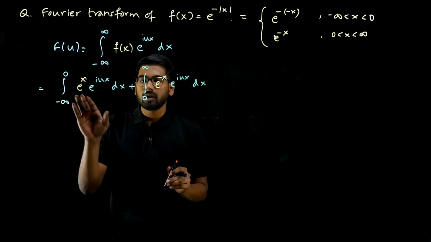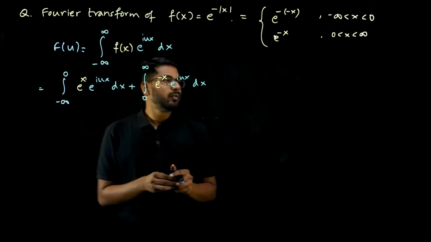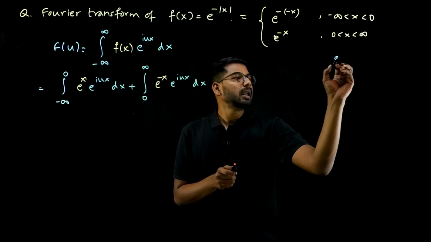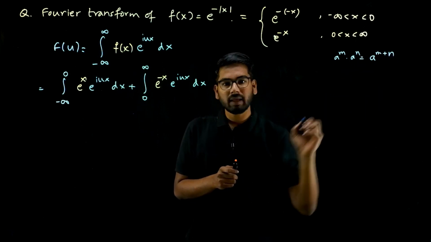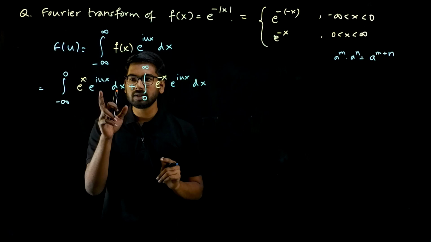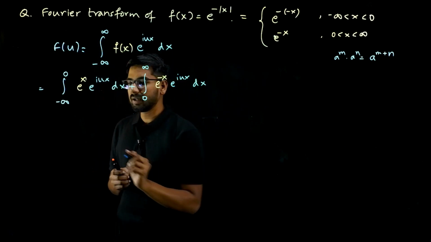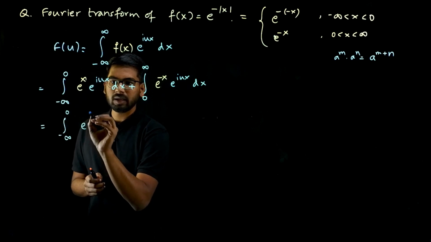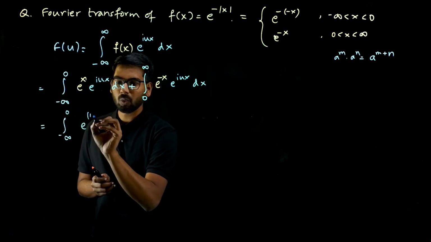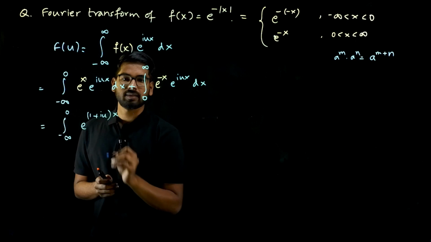So we have exponents here. We know a power m into a power n is a power m plus n. So e power x times e power iux becomes the integration from minus infinity to 0 of e power x plus iux, or 1 plus iu times x.